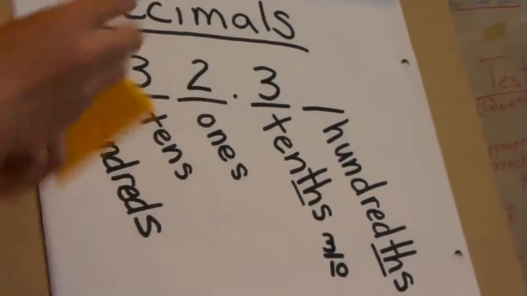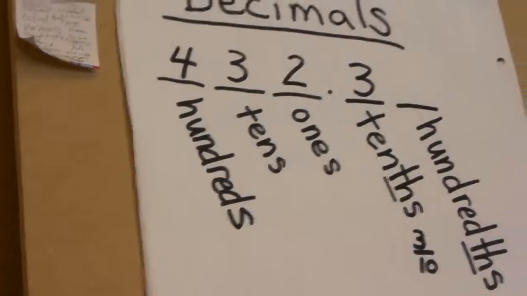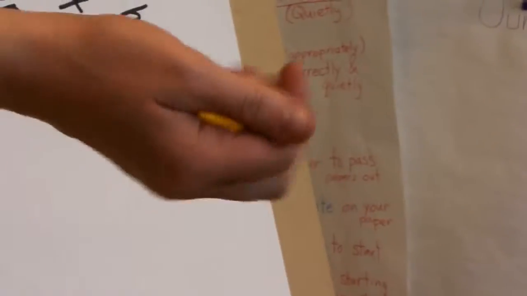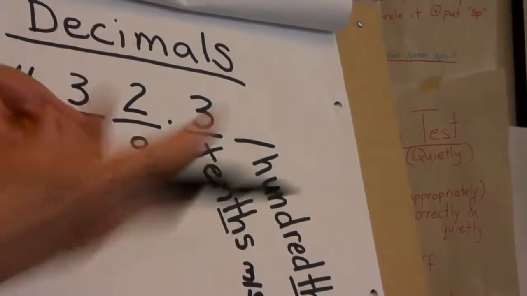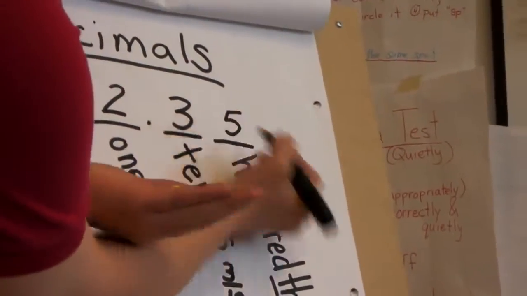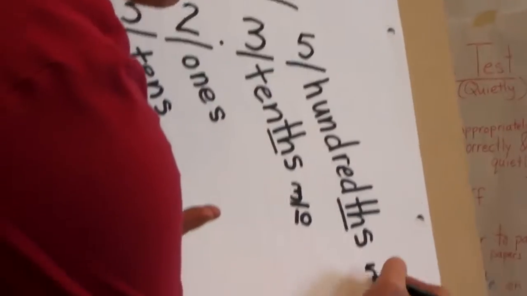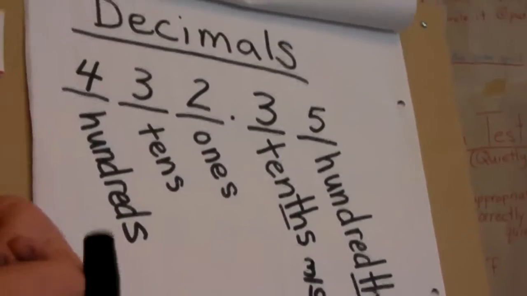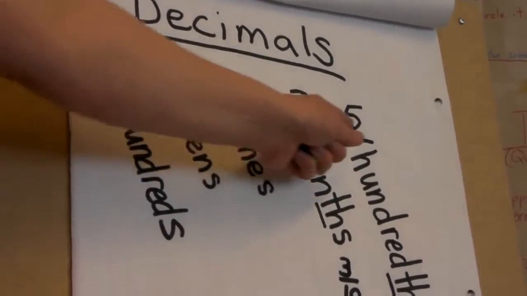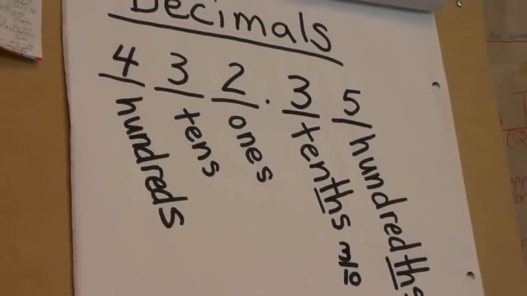Okay? And when you do this, if we say I've got 5 of these, I'm going to have 5 hundredths. Okay, so I'm going to put 5 hundredths here. And that, in fractions, is going to be 5 over 100. You can think about it that way. So if I was talking about this in terms of dollars and cents, how many dollars and cents would I have?